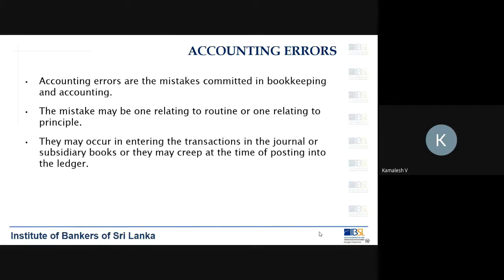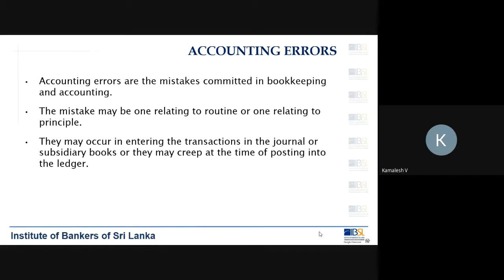They may occur in entering the transactions in the journal. So what do you mean by journal? We have already learned what is a journal. You have a debit and you have a credit, or you have multiple debits or multiple credits. That is your journal. Subsidiary books are your prime entry books, or errors could come in at the time of posting into the ledger.